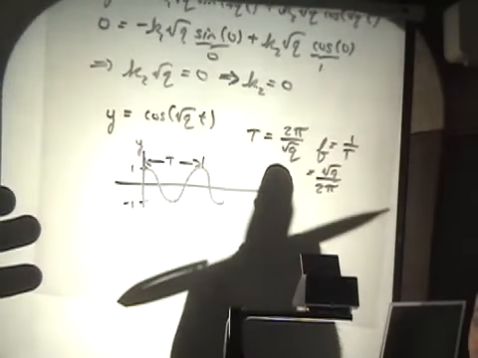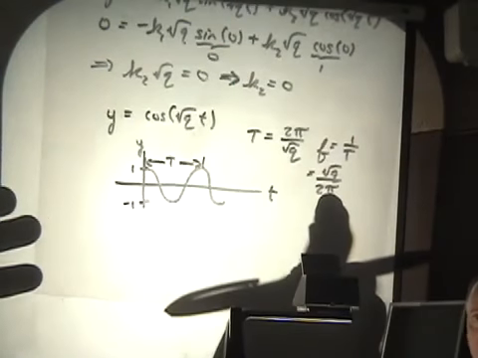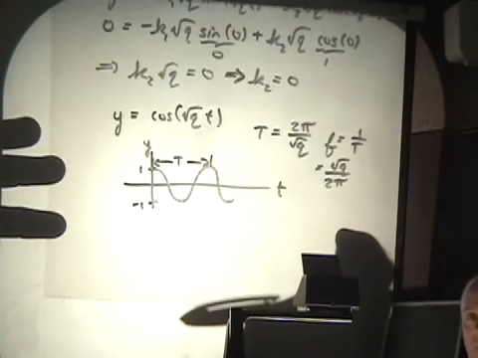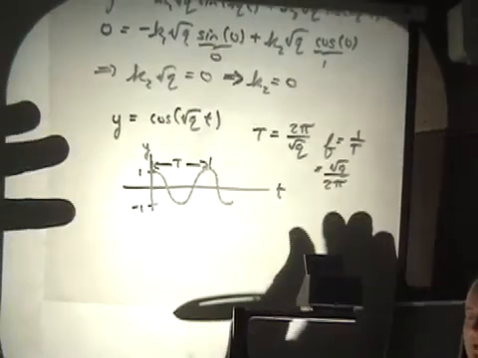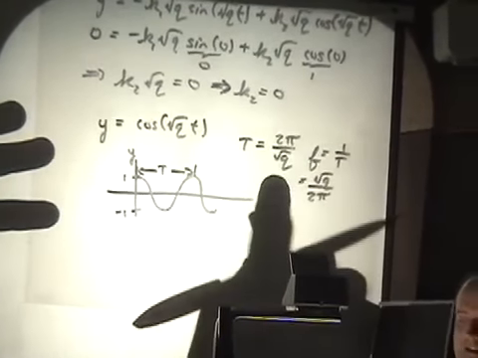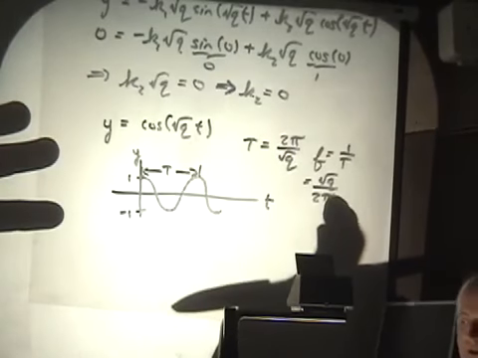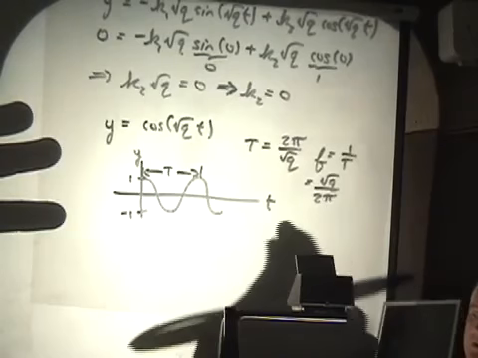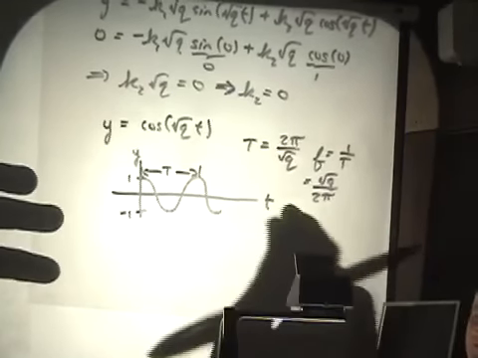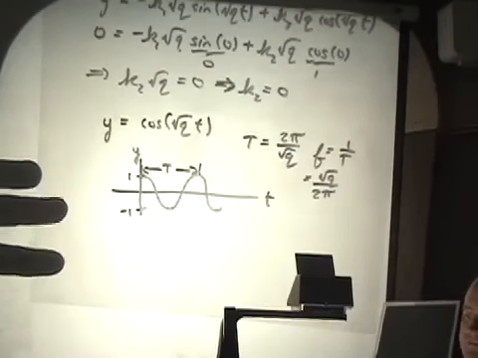The period will be small, and the frequency will be large. On the other hand, if q is small, corresponding for a fixed mass to a small k, then T will be large, and the frequency relatively small. So stiff springs, where k is large, oscillate faster, and looser springs oscillate more slowly.